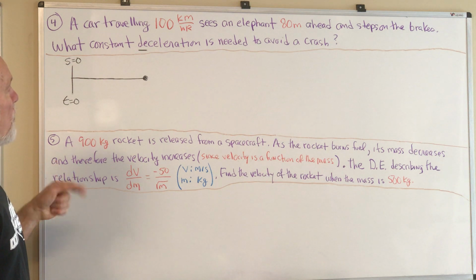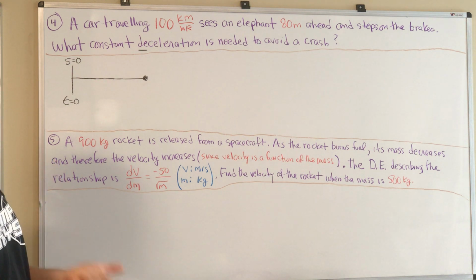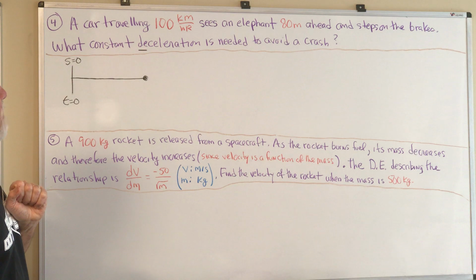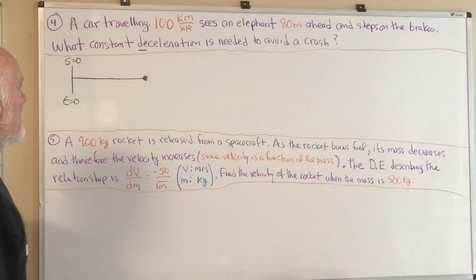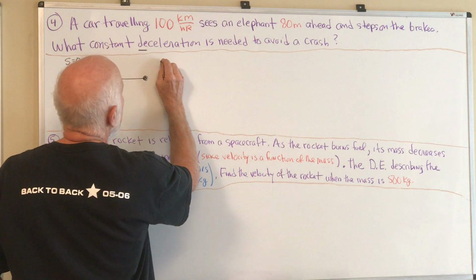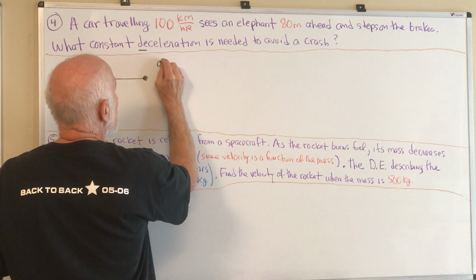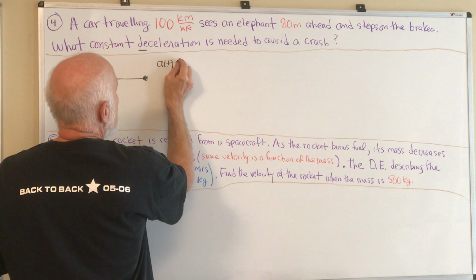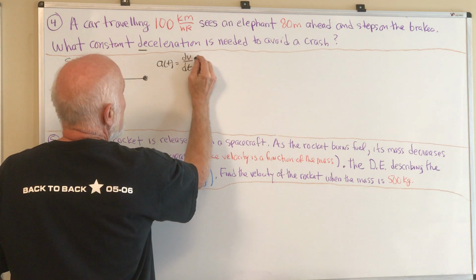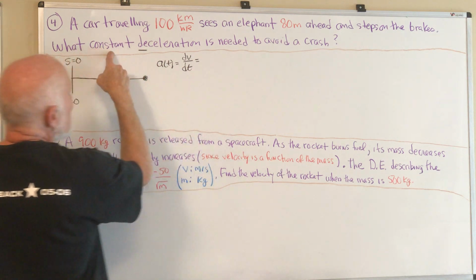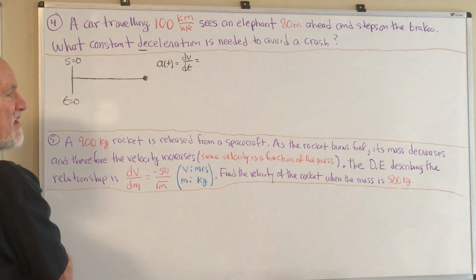And what do we know? We don't have a velocity or a position equation, but we're trying to find out something about the acceleration. So we could say the acceleration, which by the way is dv dt, it's going to be a constant acceleration.